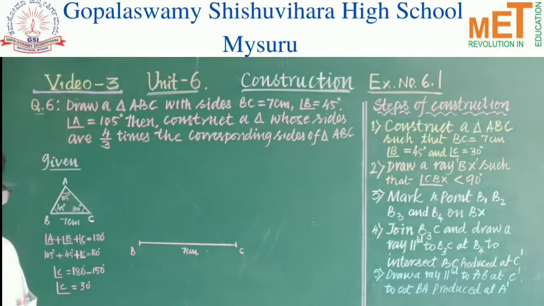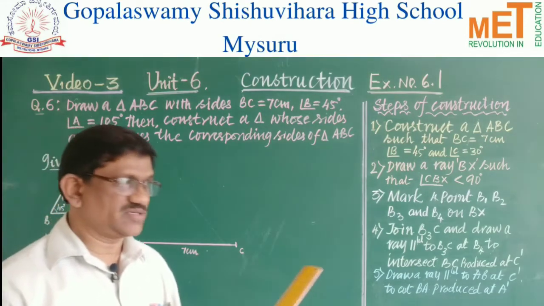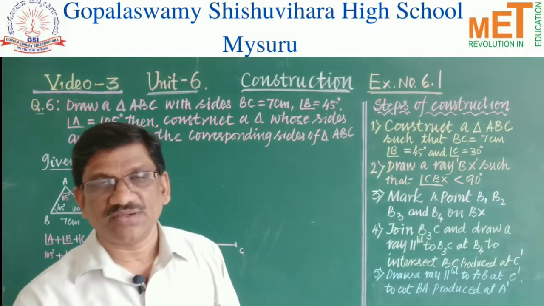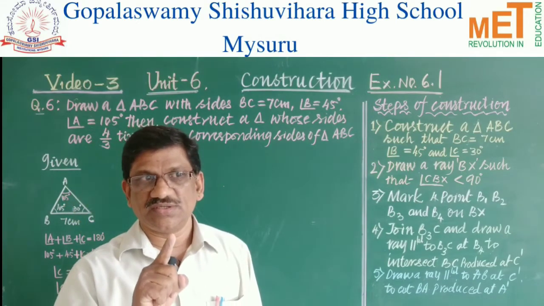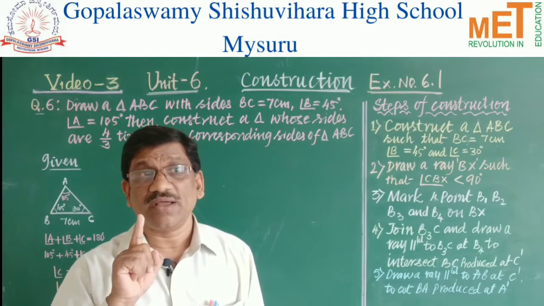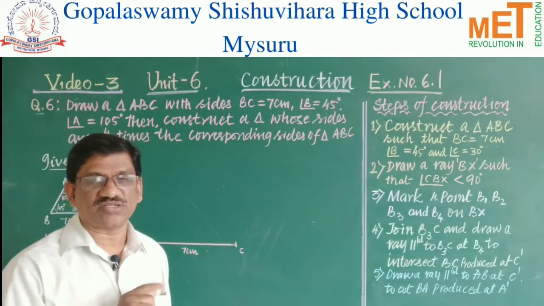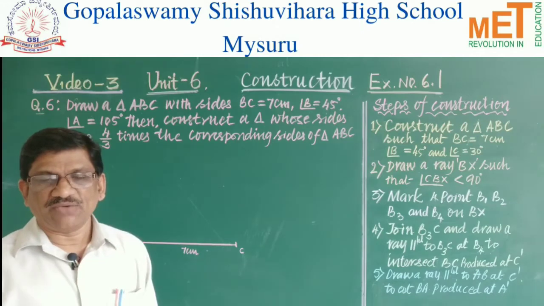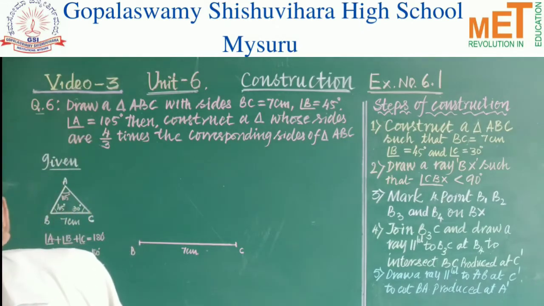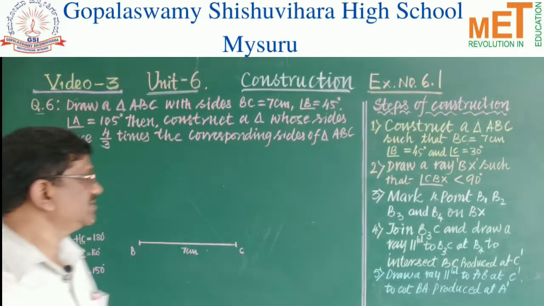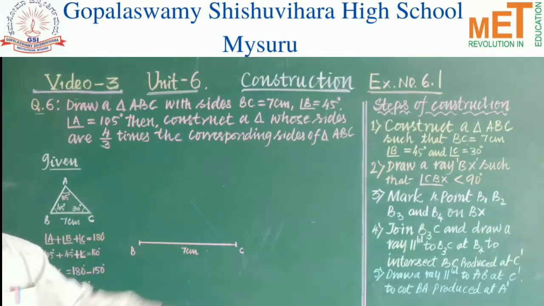Next, we have to construct 45 degree angle. Here you have to remember, you are not supposed to use the protractor. Without using the protractor, you have to construct 45 degree as well as the 30 degree at C.